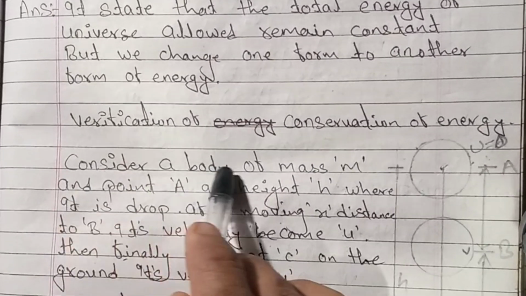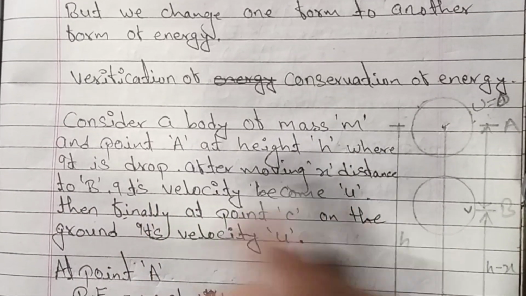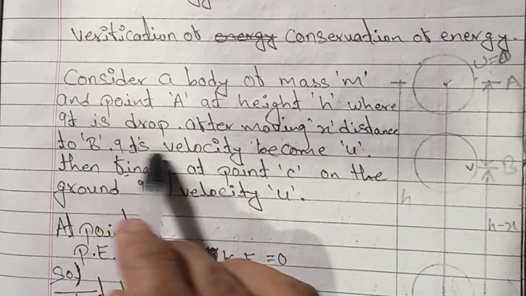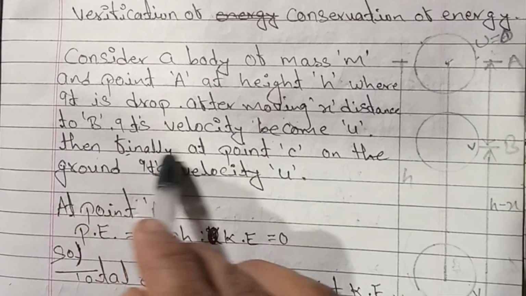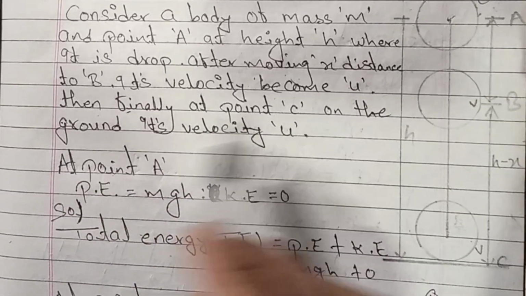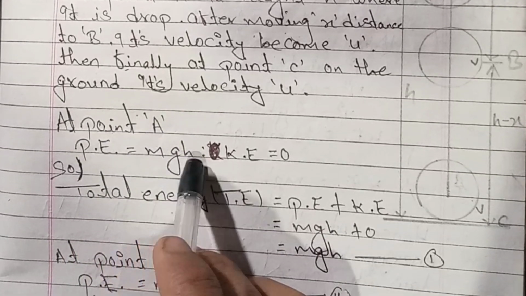Consider a body of mass m at point A at a height h, where it is dropped. After moving x distance to B, its velocity becomes v, then finally at point C on the ground its velocity is v. At point A, PE is equal to mgh.